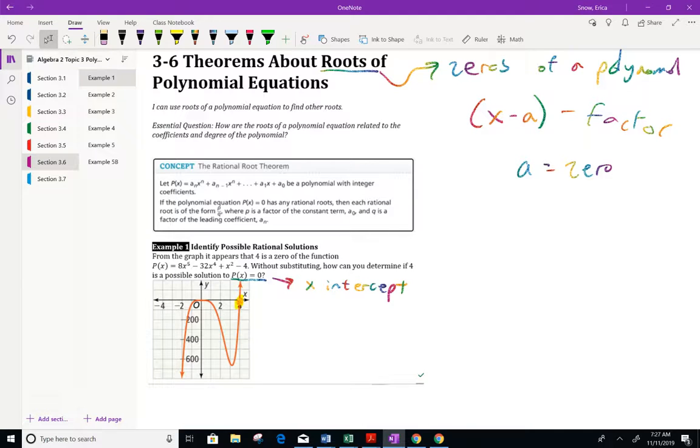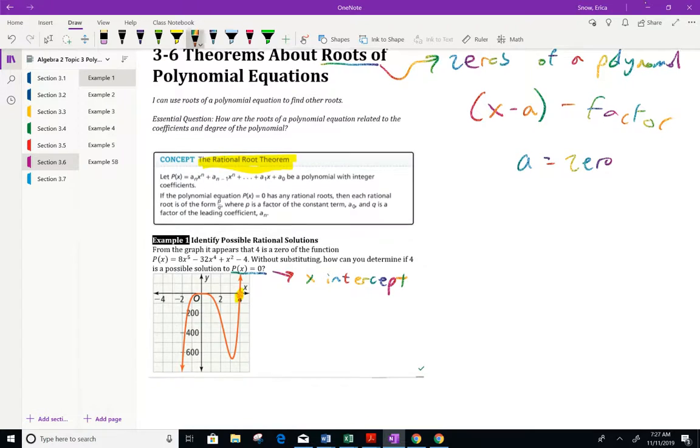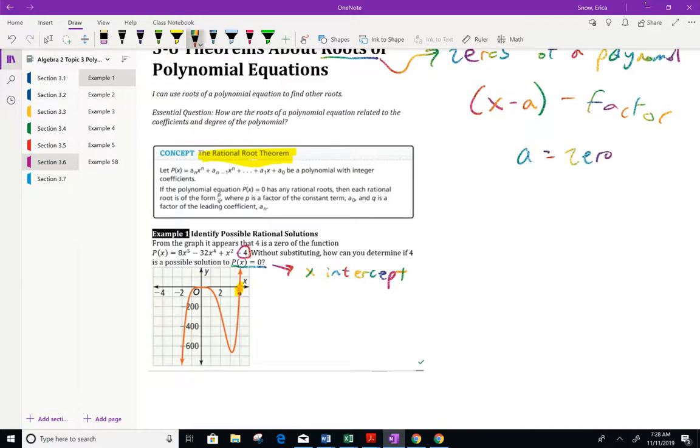Well, the rational root theorem says that you can find any possible rational root by taking every factor of the last term, and we're going to call that p. So p is our constant, and q, which is going to be our leading coefficient.